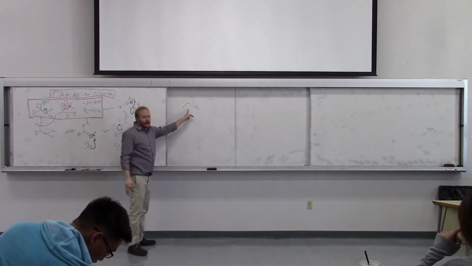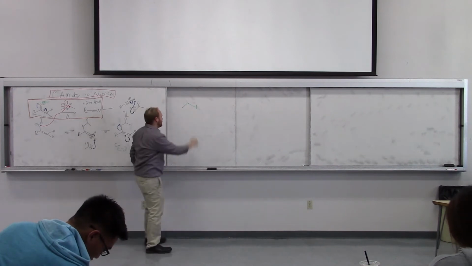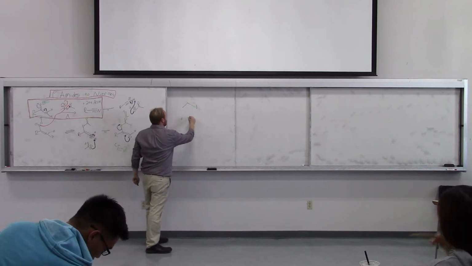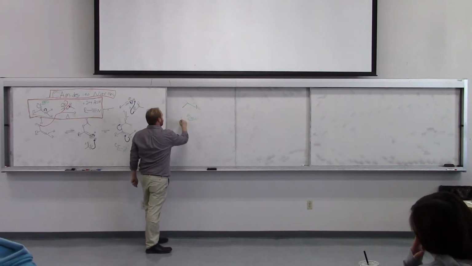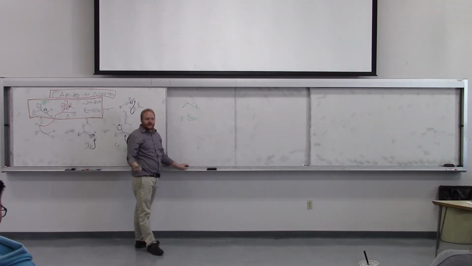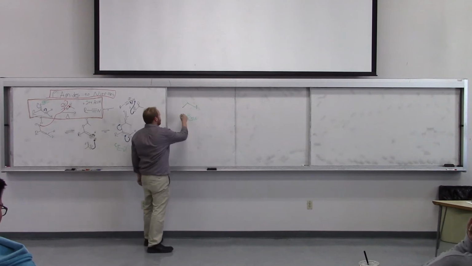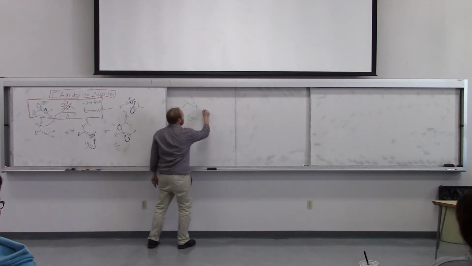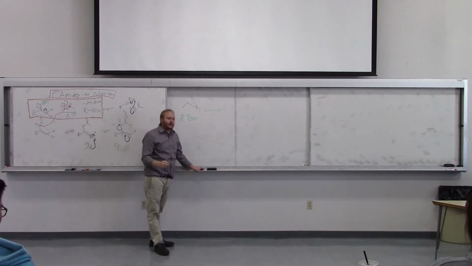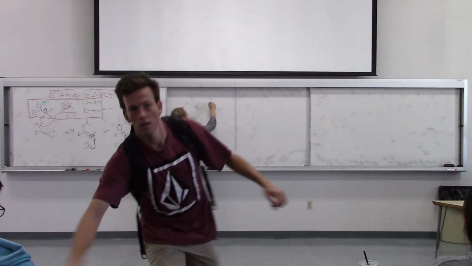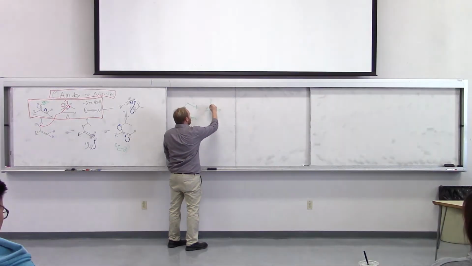So you take some kind of alkyl iodide, plus potassium cyanide, so KCN, in some kind of polar aprotic solvent like DMF, because that's what we do for SN2s.